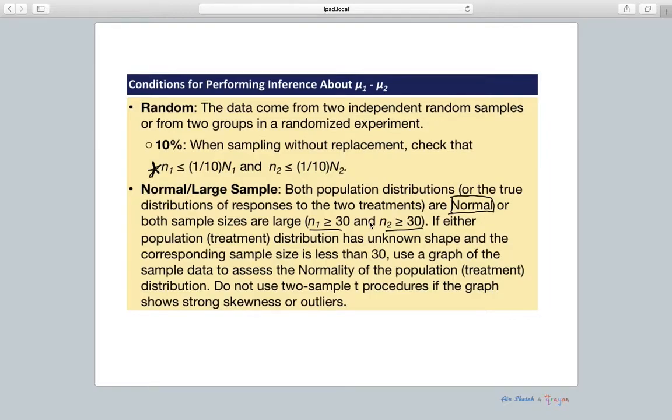If neither of those is satisfied, graph to assess the normality of the population. You're usually going to do a box plot for each, and as long as the box plot doesn't show extreme skew, it's safe to use T procedures.